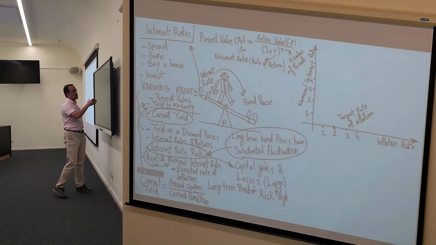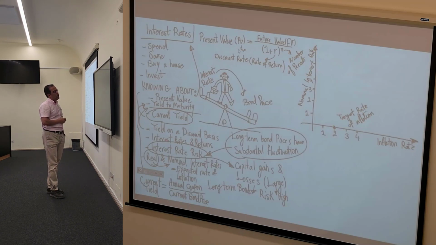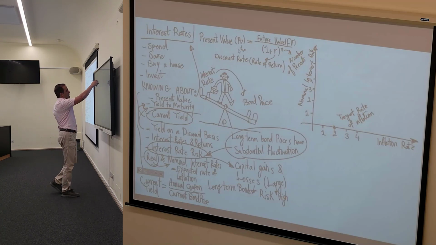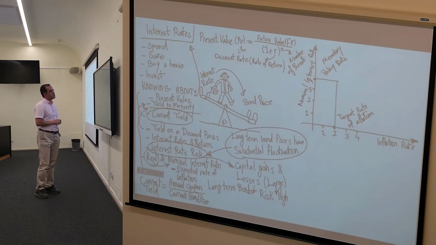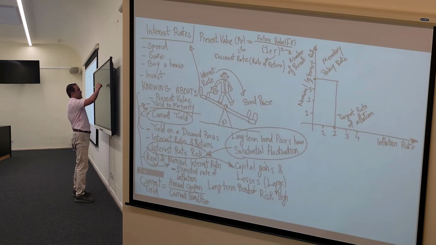From this target rate of inflation and the monetary policy rates that we have for the interest, so let's say we have also the monetary policy rates, then we might have a nominal interest rate that we can see as something like this. Sorry, it should be here. Like this.